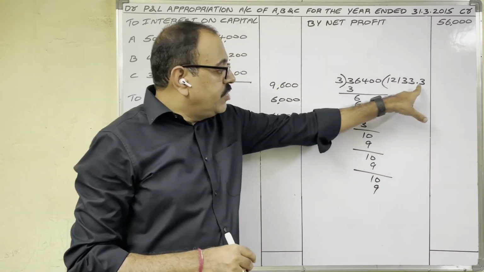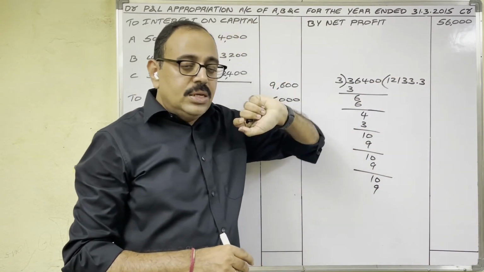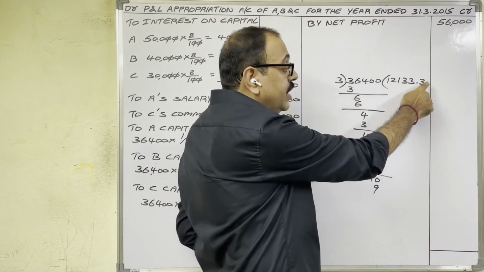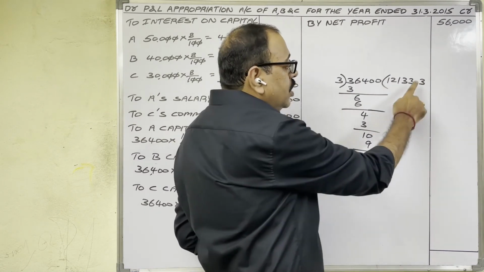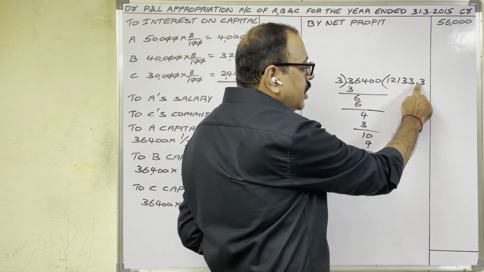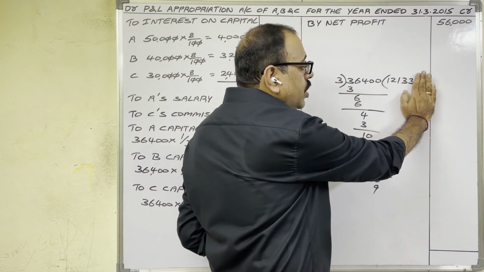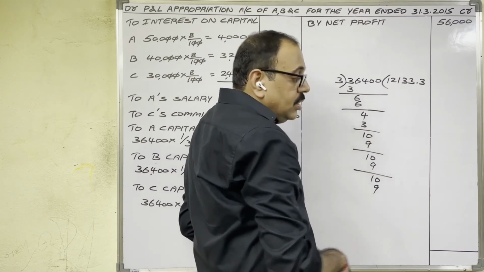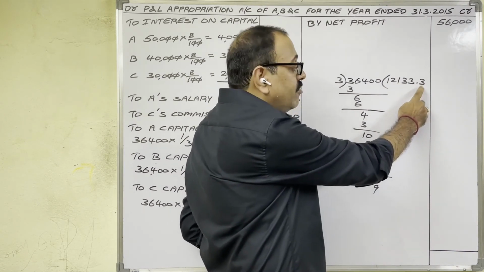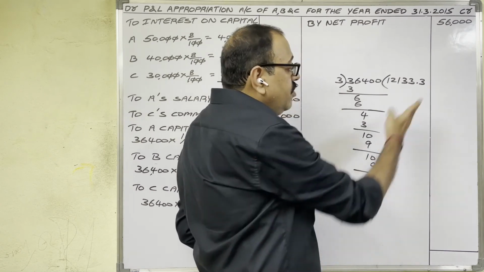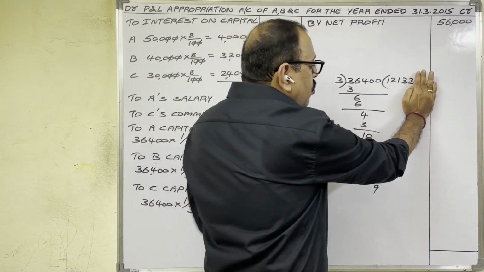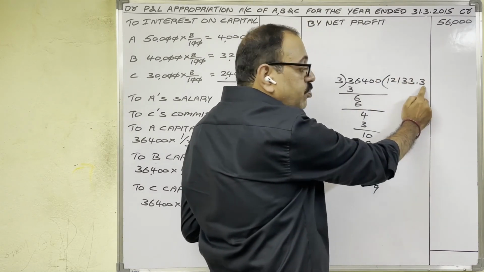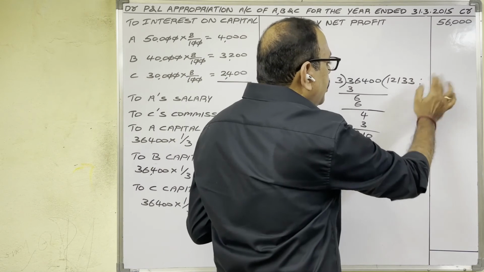Stop here. So it will continue, 0.333. Then we should take the rounded value. After the point, if the digit is below 5, suppose 0.1, 0.2, 0.3, 0.4, then simply you should ignore. So we should take 12,133. Suppose after the point the digit is 5 or above 5, then we should add 1 to the digit here. Means the rounded value will be 12,134. So after the point the digit is below 5 now, therefore we simply ignore this.